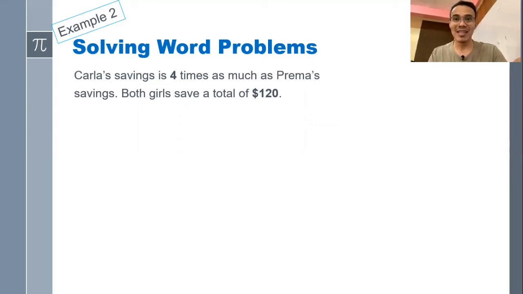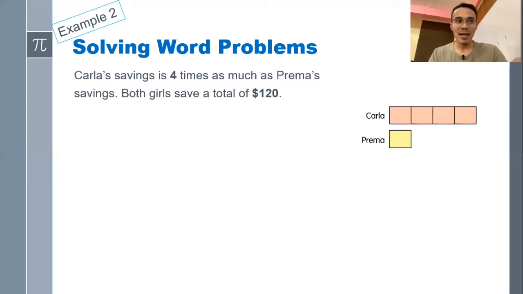This means that Carla saves more. Okay? How are we going to translate this statement into a model? So you have to think about this on how to translate this into a model. And you have to know that Carla should have 4 units and Prema should have 1 unit.